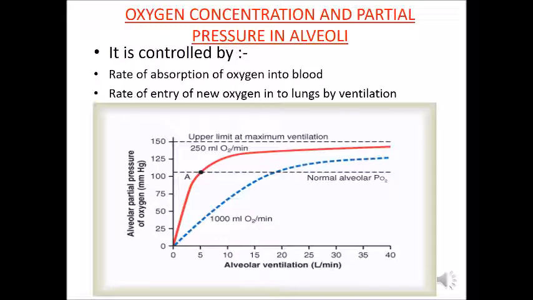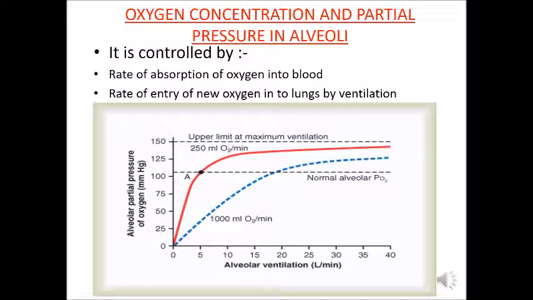One is rate of absorption of the oxygen into the blood, and second, rate of entry of new oxygen into the lungs by ventilation. Now focus on the red colored line. Focus on a point A. So it is our normal operating point. Alveolar ventilation is 4.2 at a normal operating point, and alveolar PO2 is 104 millimeter of mercury.